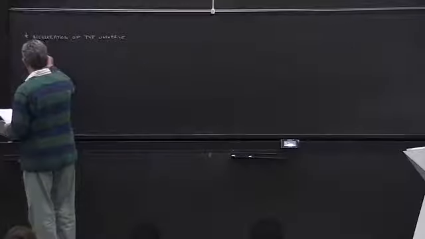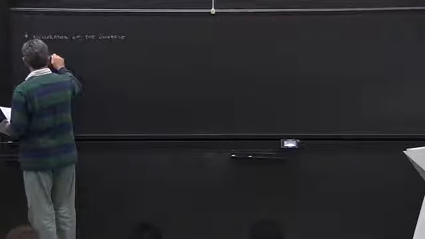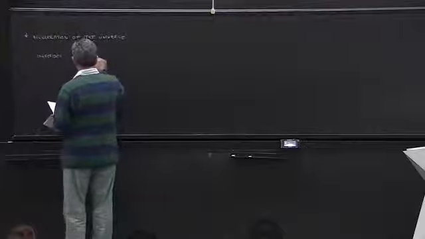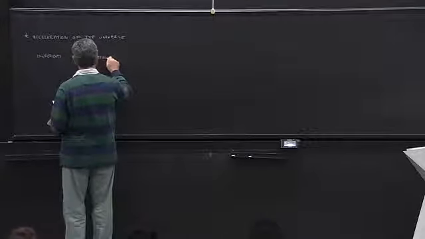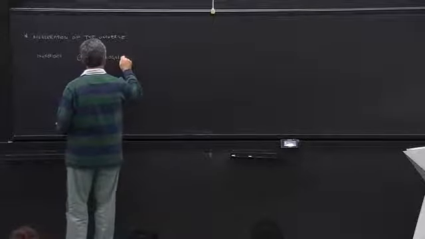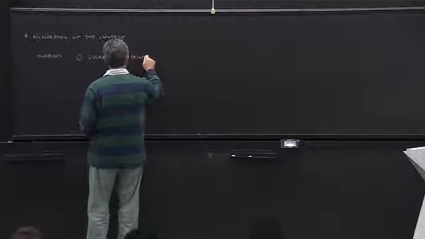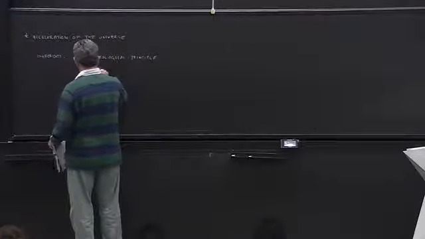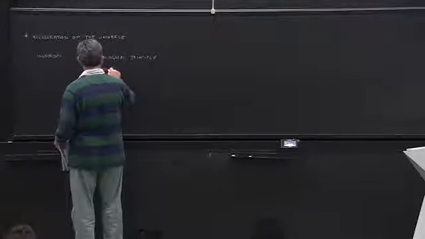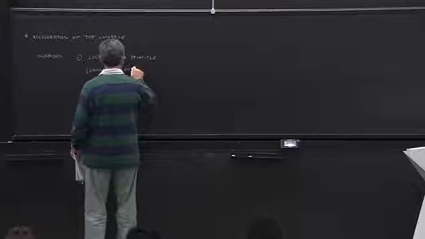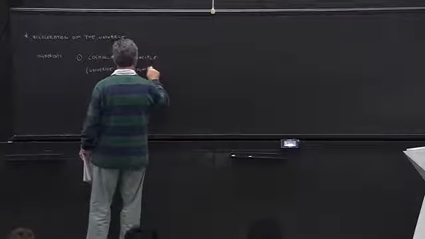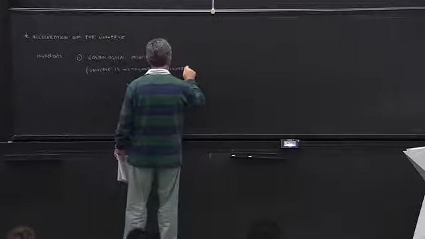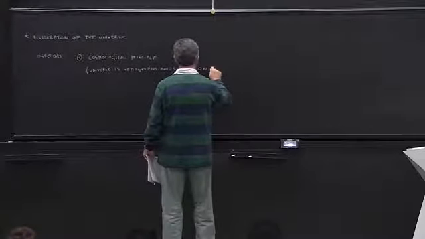Now, what are the ingredients? One is what's called the cosmological principle, which says that the universe is homogeneous and isotropic, at least on large scales.